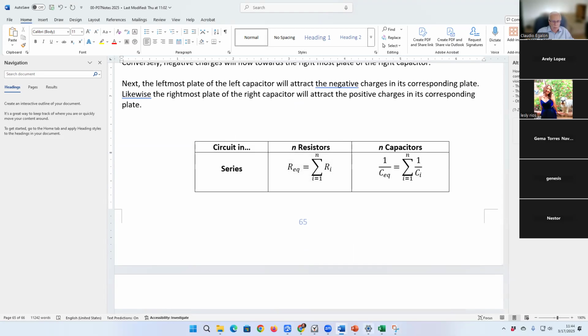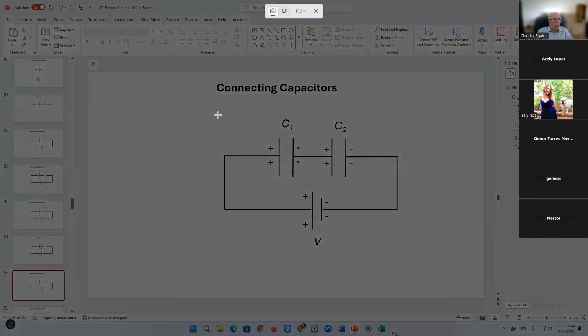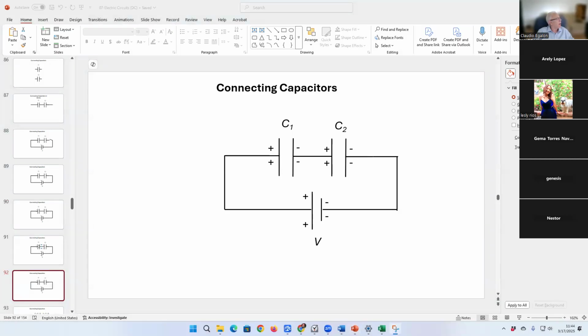And I'm going to illustrate that as well. I'm not going to illustrate everything because otherwise we're going to get too much. Here you go. That's how we tell the story of how capacitors behave.